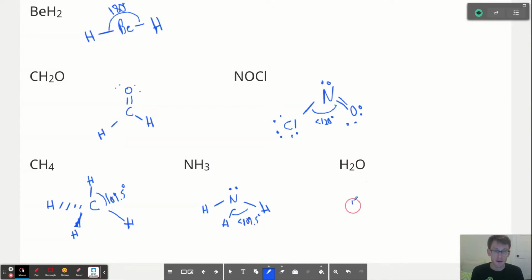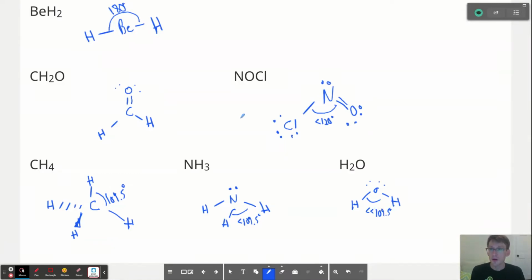And in the case of water, where there's 2 lone pairs, this bond angle is going to be about 104 degrees, maybe 104.5 degrees. I think it's 104.5 degrees, but what I would expect from students here is I would expect this to be written as less than 109.5 degrees.